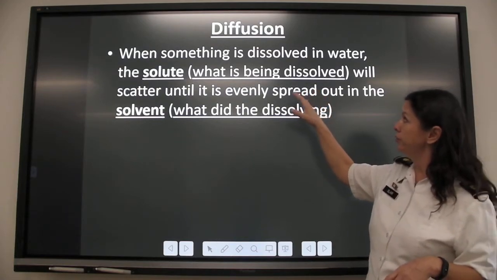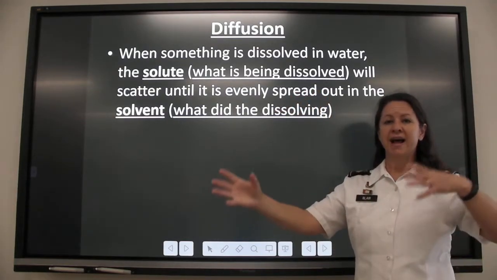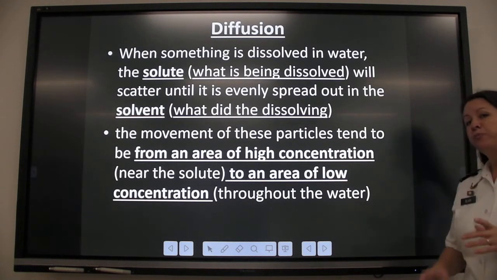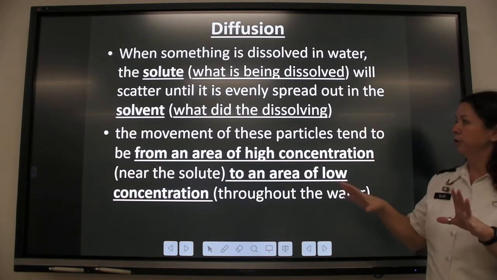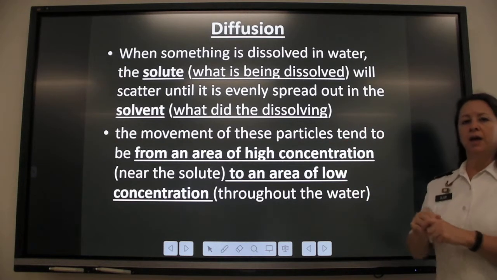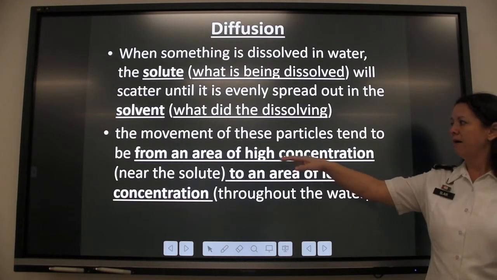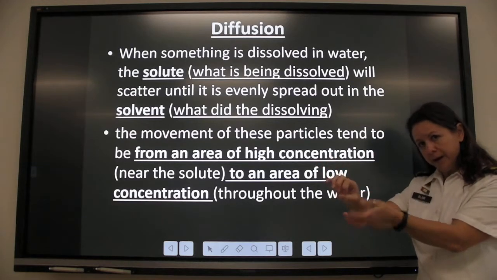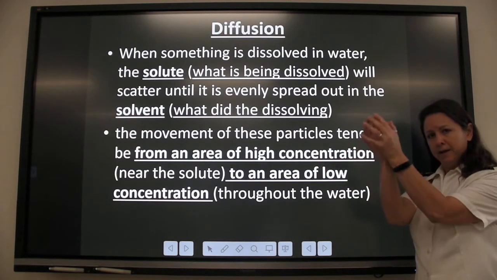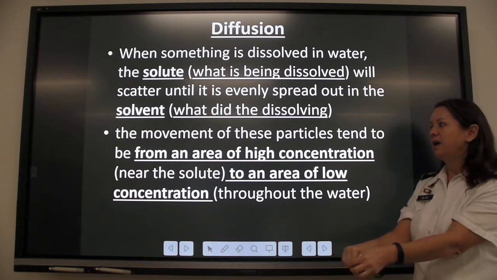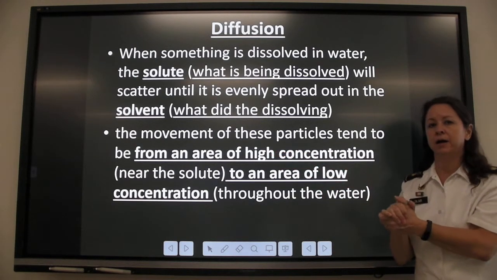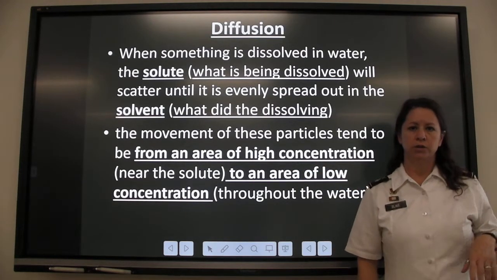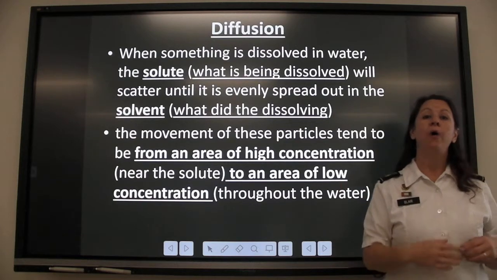Now that solute is going to just scatter around until it's evenly spread out. And the movement of the particles tends to be from an area of high concentration, that's near the solute. So when you pour that powder in, all that column of powder as it's sinking is an area of high concentration, to an area of low concentration, throughout the water.